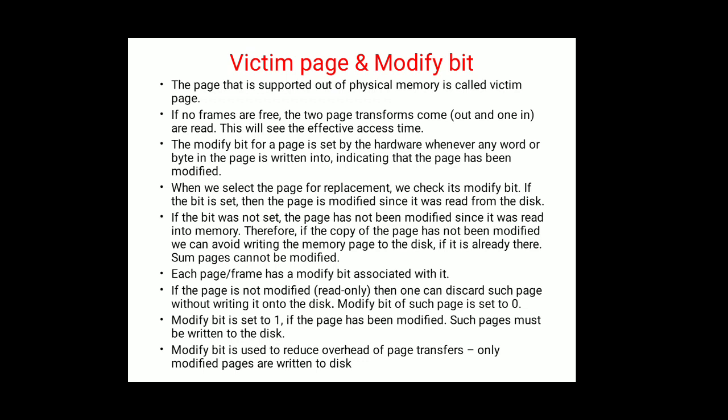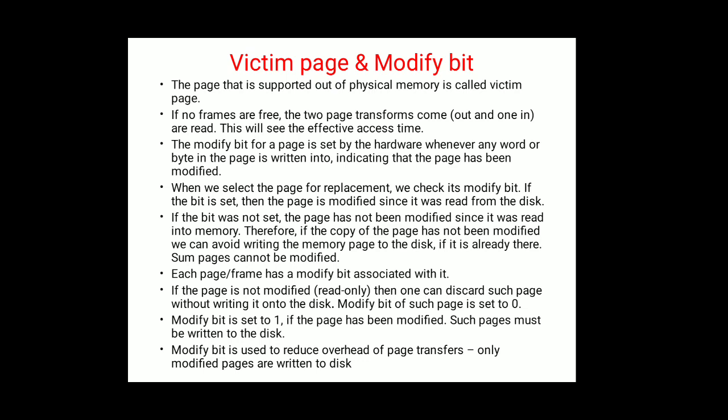So here each page and frame will have a modify bit associated with it in the hardware. If the modify bit of a particular page is set, it indicates that the page has been modified, and while replacing the page, you need to write it back to the secondary memory.